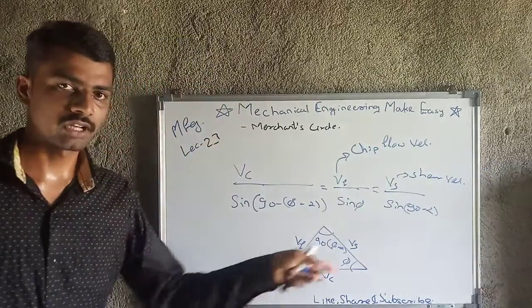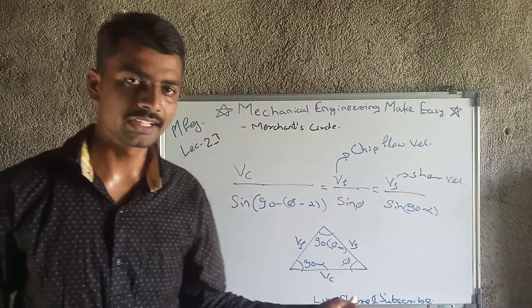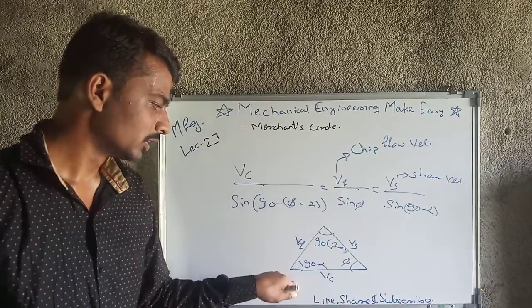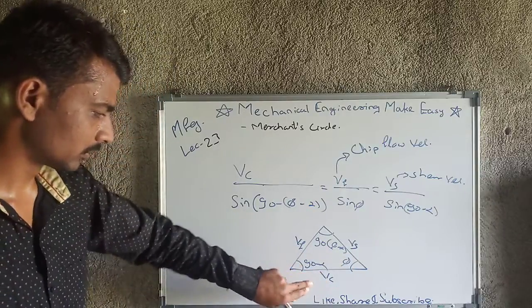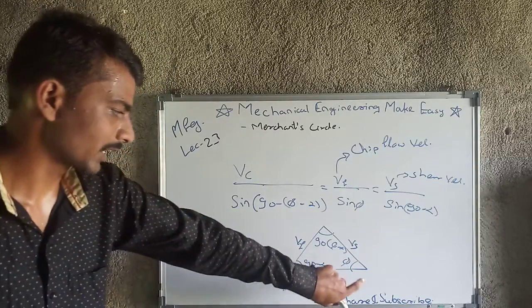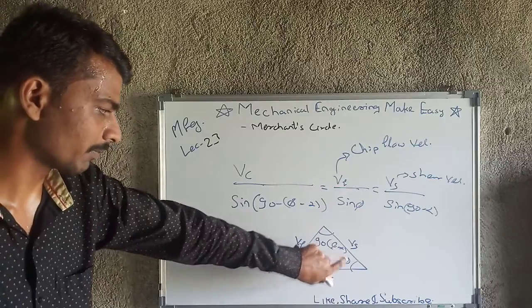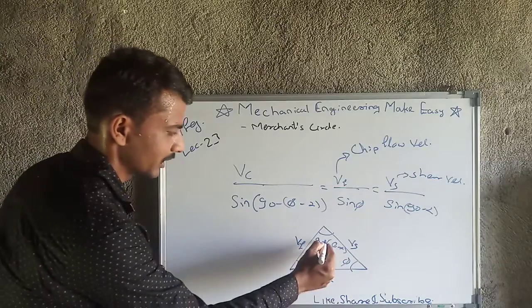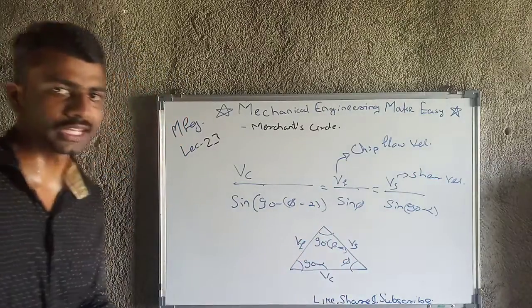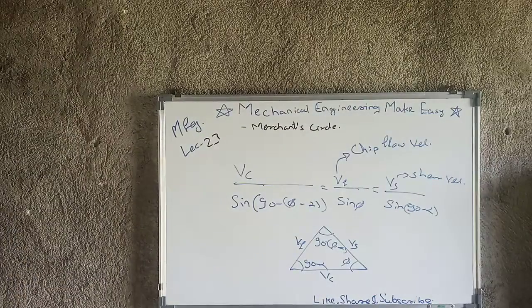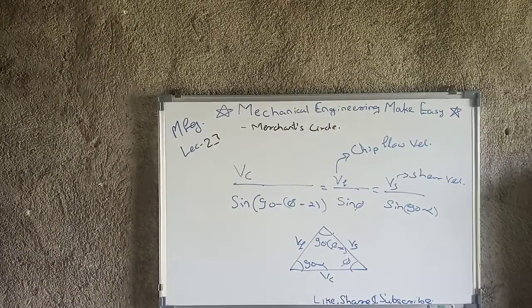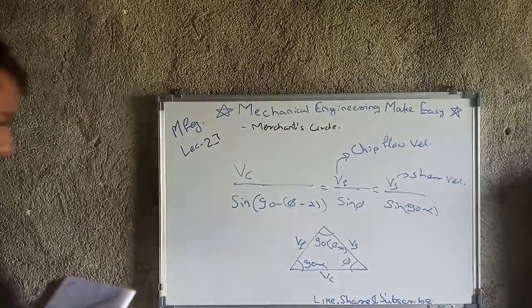The summation of all angles should be equal to 180 degrees in the triangle, and that's why the angles are 90 minus alpha, phi, and 90 minus phi minus alpha. This triangle also came from Merchant's circle. So just draw this triangle and note down this formula. This formula is very important.